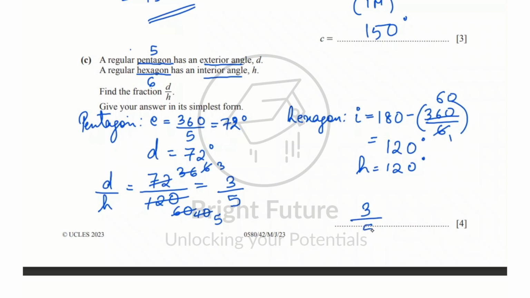The answer is 3 upon 5. And this question is for 5 marks. So 1 mark over here, 1 mark over here, 1 mark for this ratio, and 1 mark for the final answer.